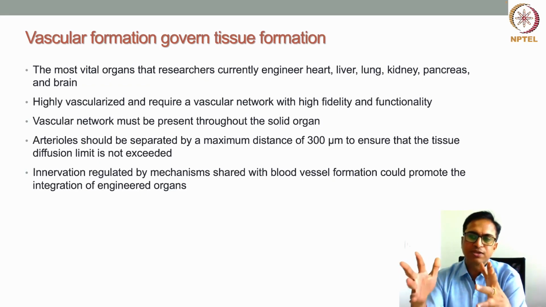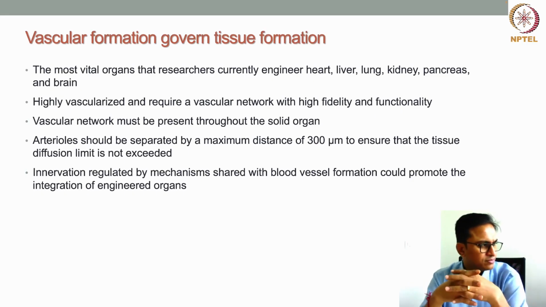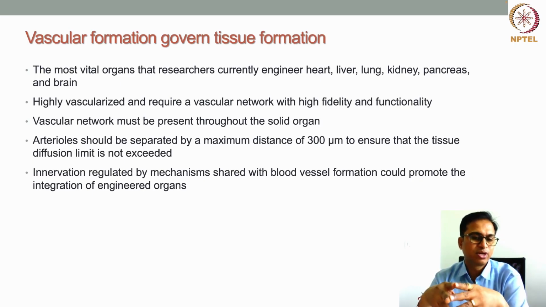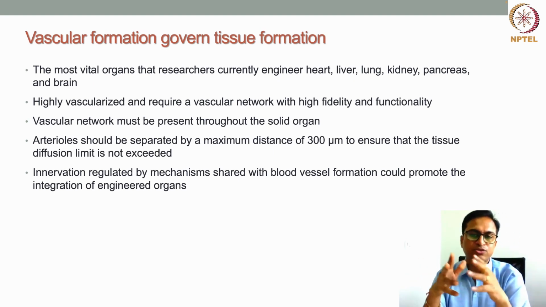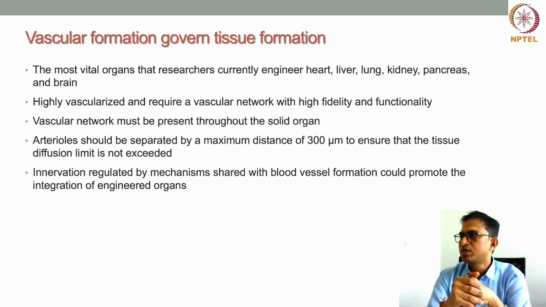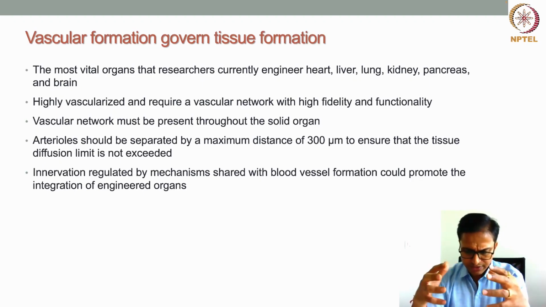And if you see these types of solid organs, they are highly vascularized, because these organs are also metabolically very active. So they need a lot of oxygen and nutrition for their survival and also for their function. That's why these organs are highly vascularized. So for bioprinting that, they require a vascular network with high fidelity and functionality, because we need to replicate that kind of blood vessel formation, that vascular tissue formation, with high fidelity.